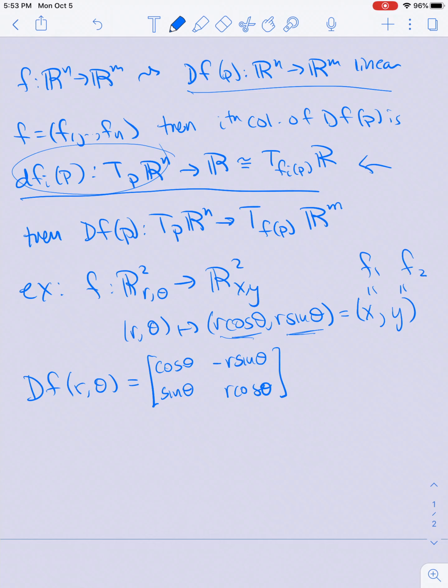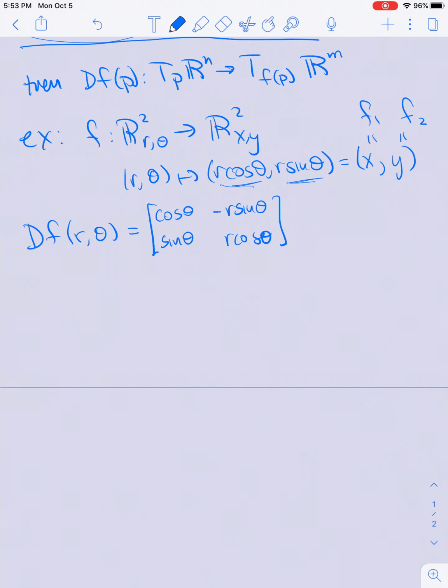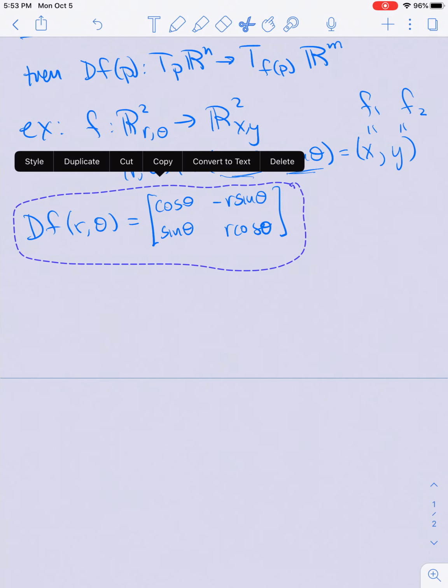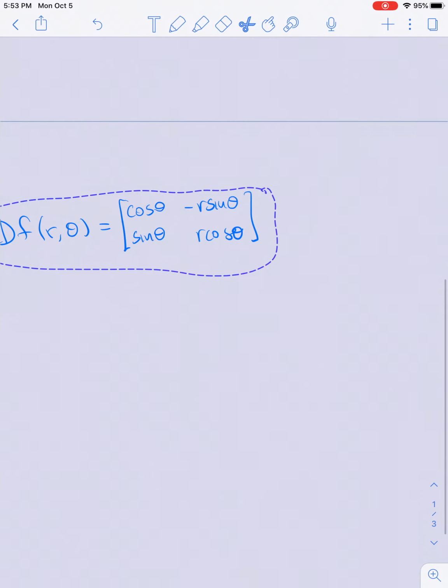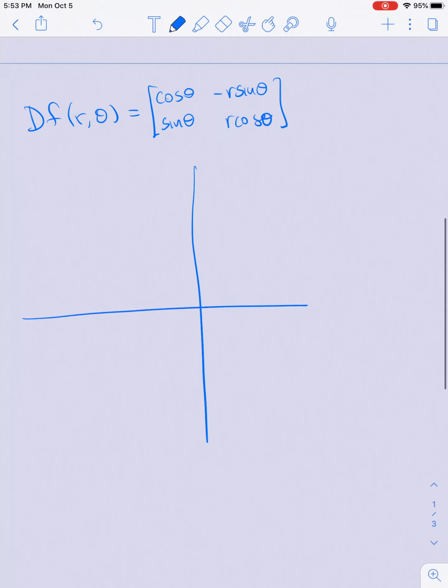And if I want to visualize what df is doing, I'm going to give myself a little more space and draw on the xy plane.